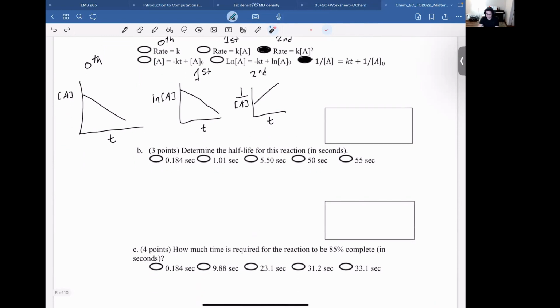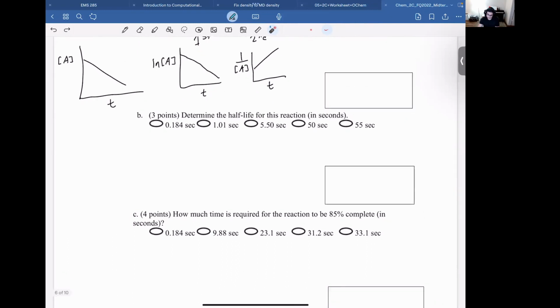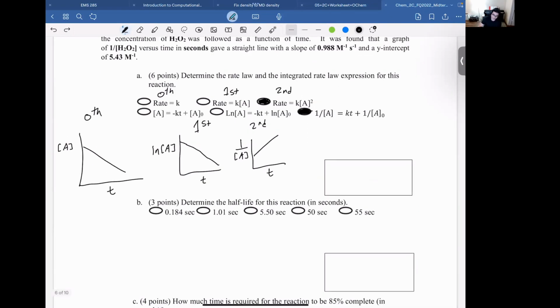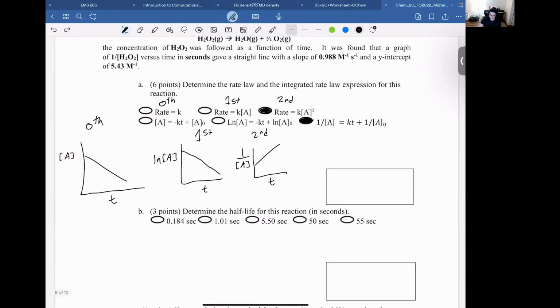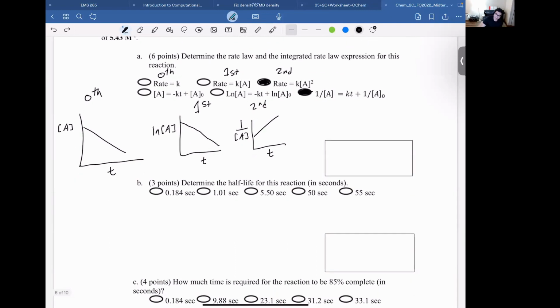Going on to B, it says determine the half-life for this reaction. Seconds. So this one, you just have to remember your half-life formula. They do give you K, right? Oh, they actually don't give you K. Great. So we actually get to look at the integrated rate law.